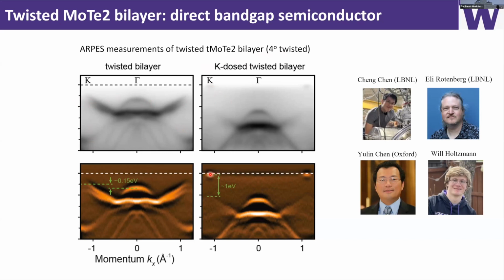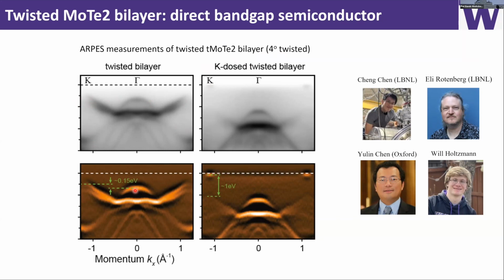So basically you can determine this is really a direct bandgap with all the band edges at the K point. The other important feature is that the energy difference between the top of the valence band and the gamma band is about 150 meV. So this is actually a really large difference in terms of energies.